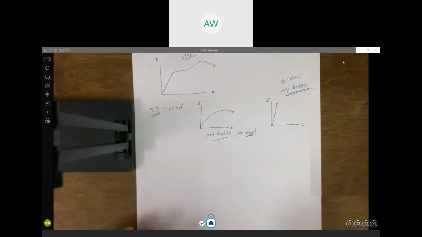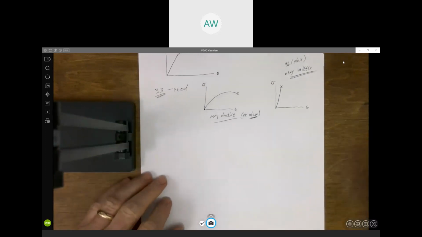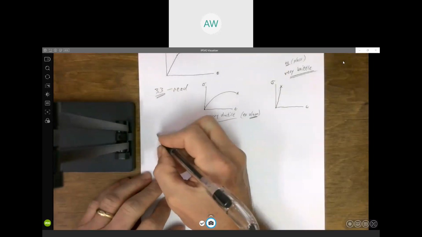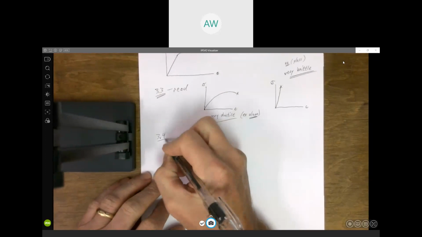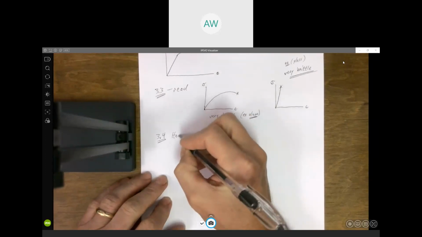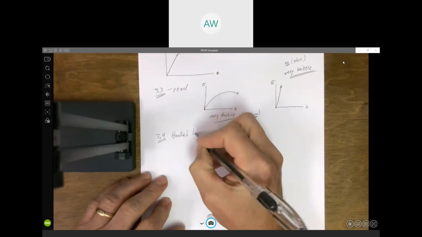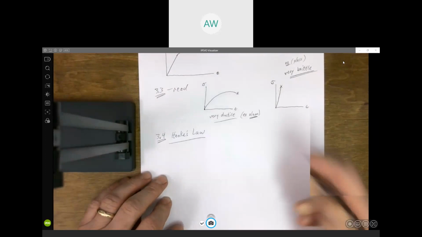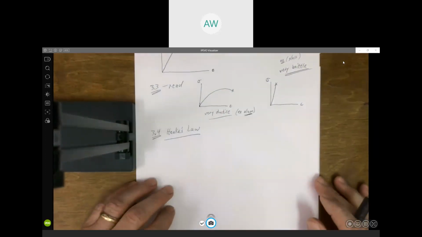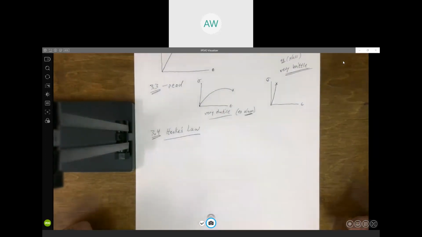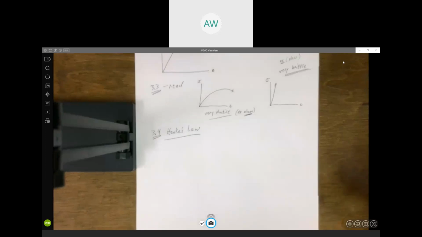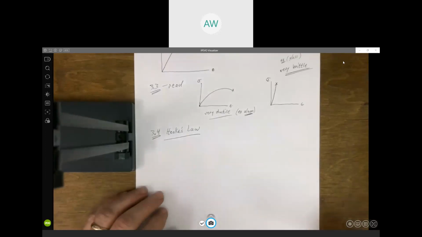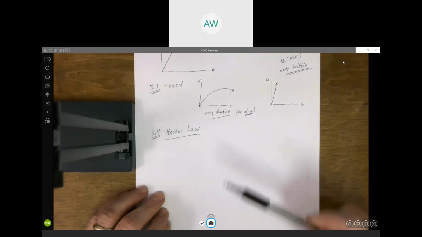All right, well, the next thing then leads us into what's called Hooke's Law. This is in the next section, 3.4. And you're going to see a lot of the formulas that we'll see later on in the course that are developed and used. A lot of them go back to Hooke's Law.